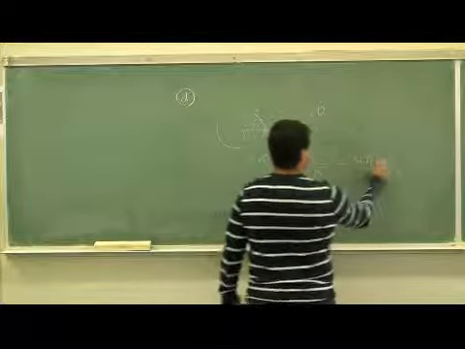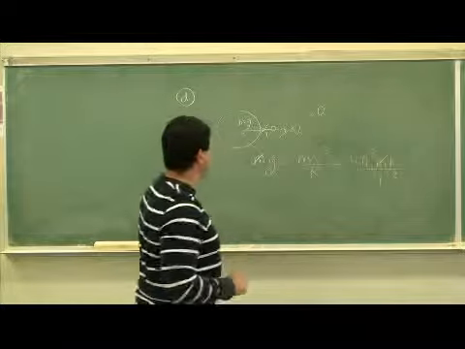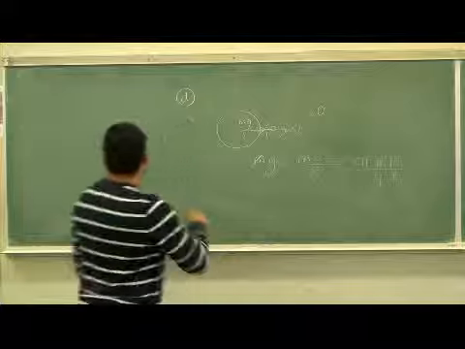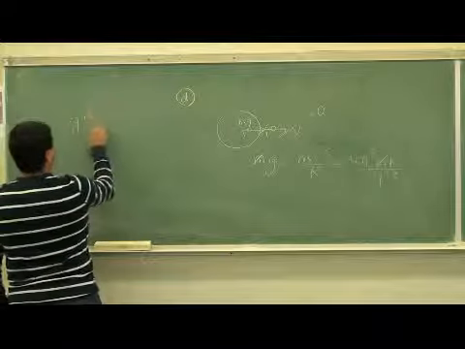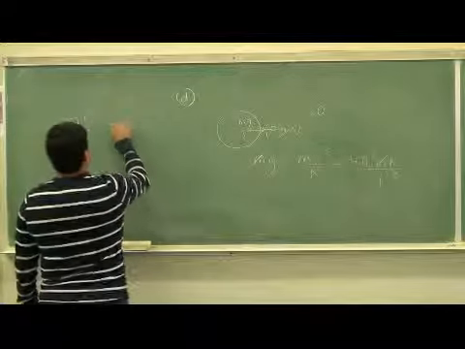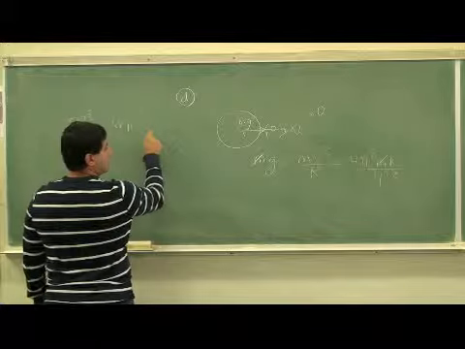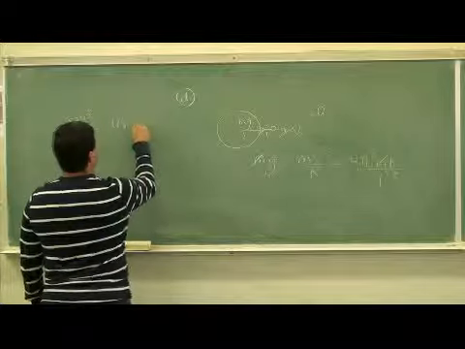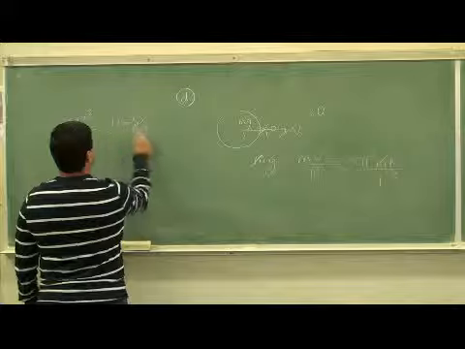So m and the m cancel. And so the period would have to be what? Period squared is equal to 4 pi squared r over g.